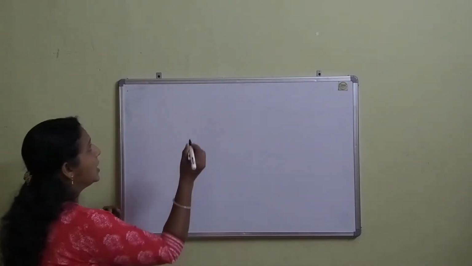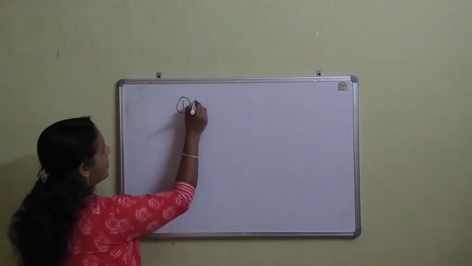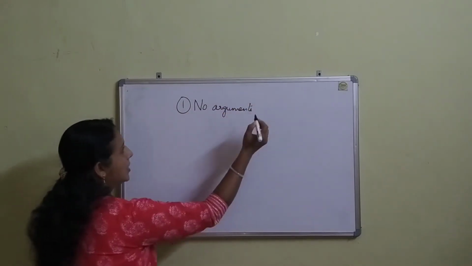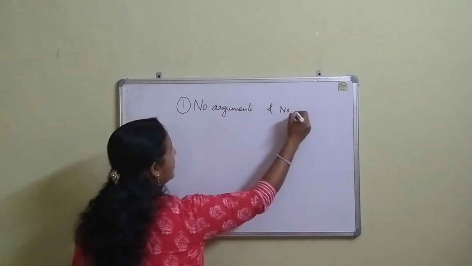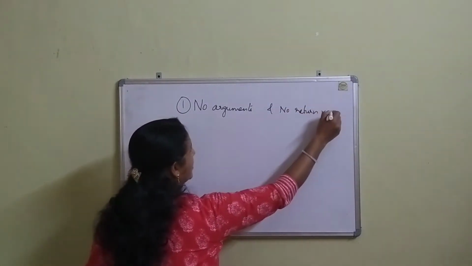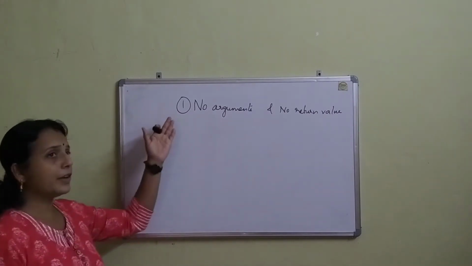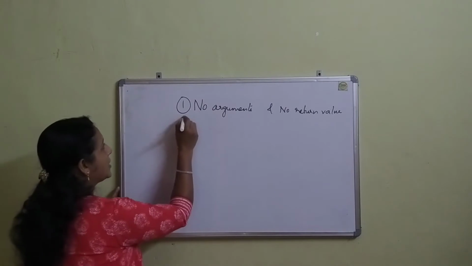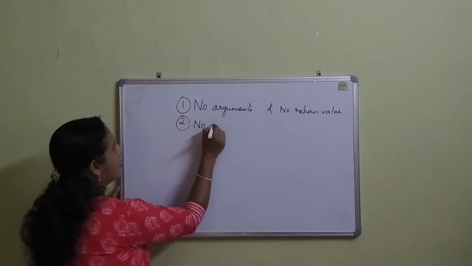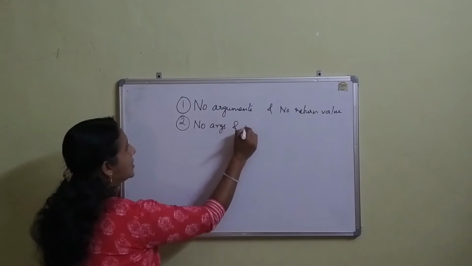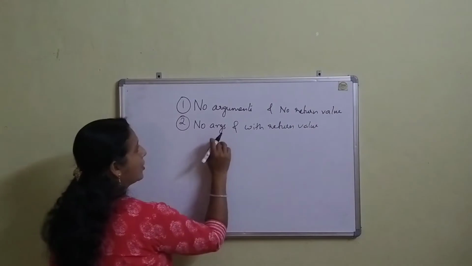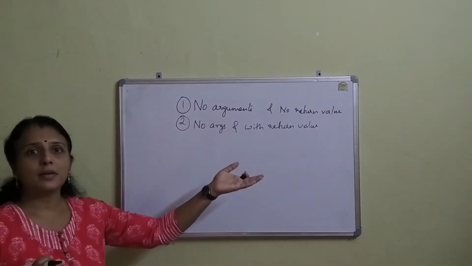The first is a function that contains no arguments and no return type, no return value. The second category is no arguments but with a return value. That means it is not going to take any arguments, but it will give you some return value.